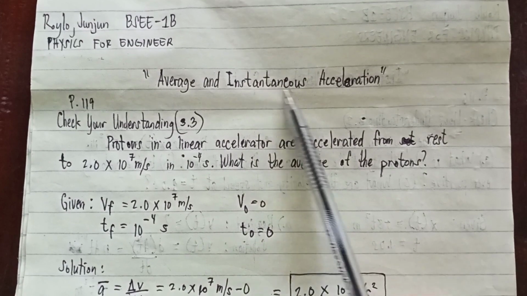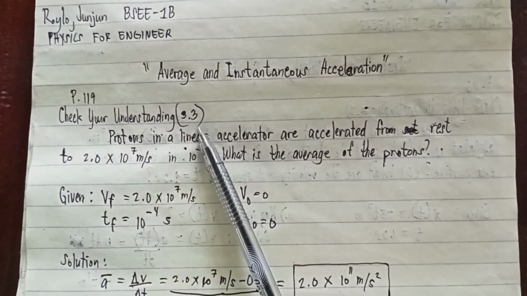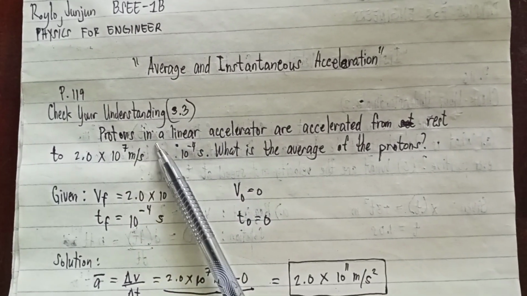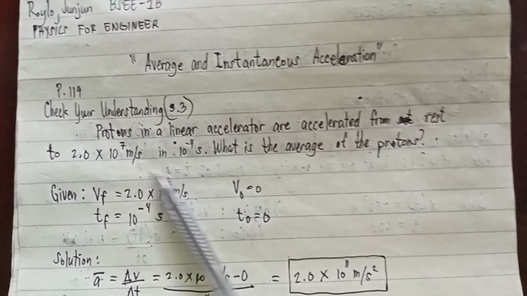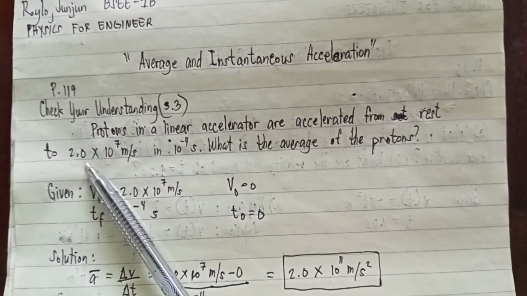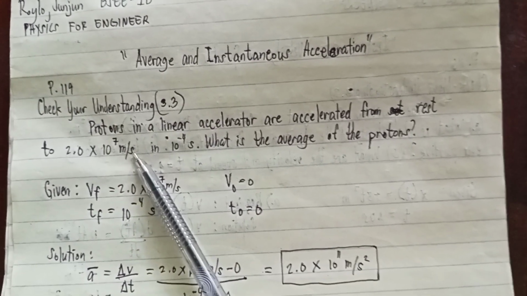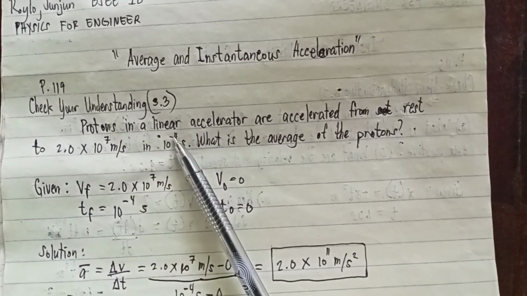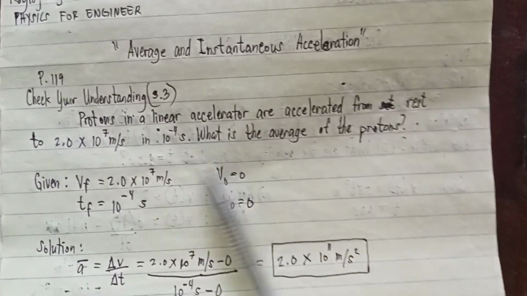Average and instantaneous acceleration. From page 119, check your understanding 3.3. Protons in a linear accelerator are accelerated from rest to 2.0 times 10 to the 7th power m/s in 10 to the power of negative 4 s. What is the average acceleration of the protons?